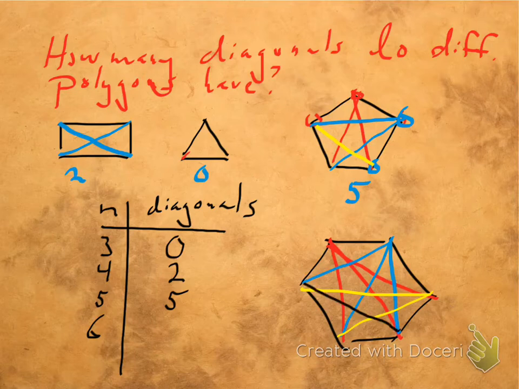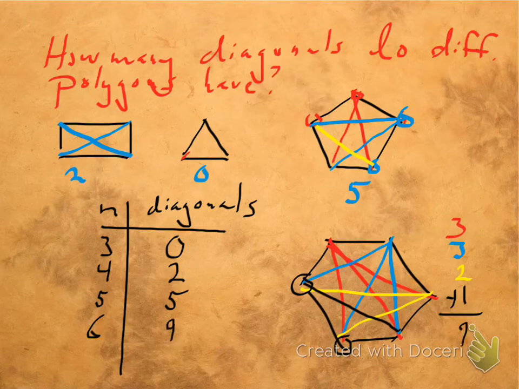And then finally, when I get to this next vertex, there are already 3 diagonals drawn in, and they go to all of the opposite 3 vertices that are not adjacent. So let's count them all up. We have 3 red, 3 blue, 2 yellow, and 1 final black one. So if I add all that up, it's going to add up to 9 diagonals.